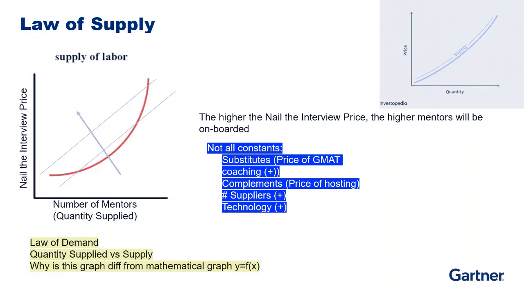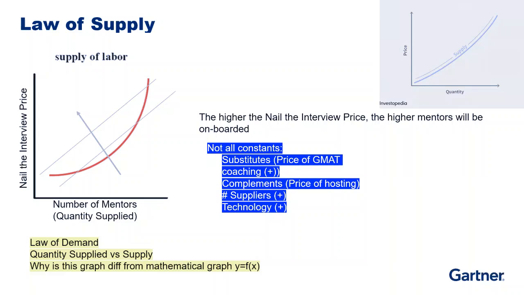Again, given everything is constant, we talk about the law of supply, but things are not constant and they can change. When they change, the curve will either shift inward or shift outward. For example, let's talk about substitutes again. Let's say tomorrow the coaching fee of GMAT is 20,000.